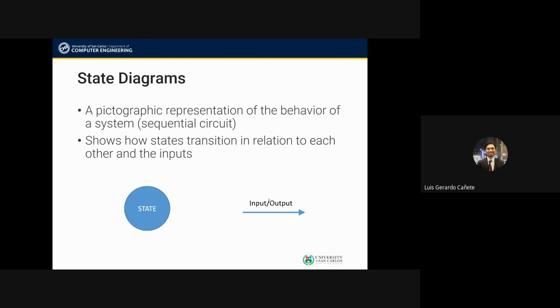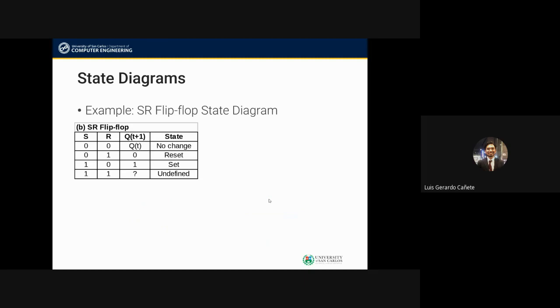So let's say, for example, we have our set reset flip-flop, and we want to make a state diagram for it. The state of a flip-flop is determined by its output Q. Remember that you only have 2 possible outputs for your set reset flip-flop.